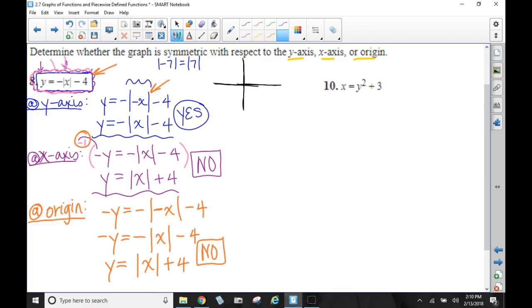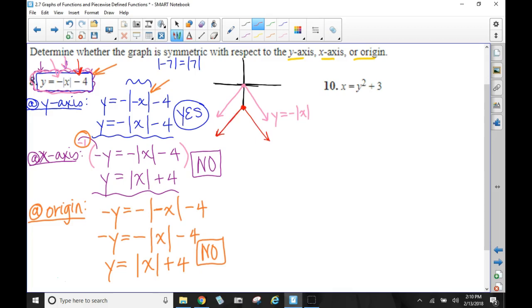And then the minus sign is a reflection about the x-axis. So what I am just quickly sketching here is the graph of y equals the opposite of the absolute value of x. And then what the minus 4 does, recall, is it moves everything down 4 units. So just really quickly sketching this.